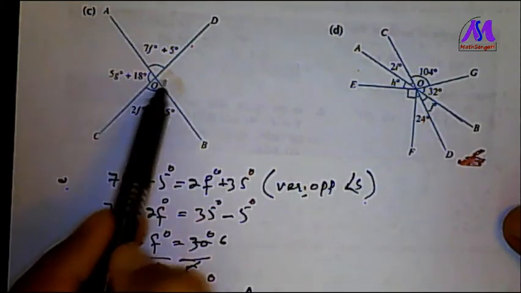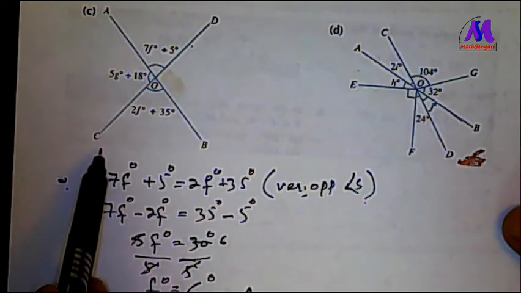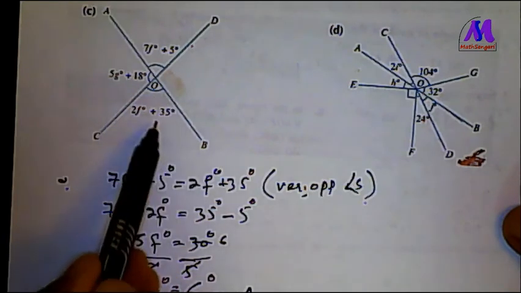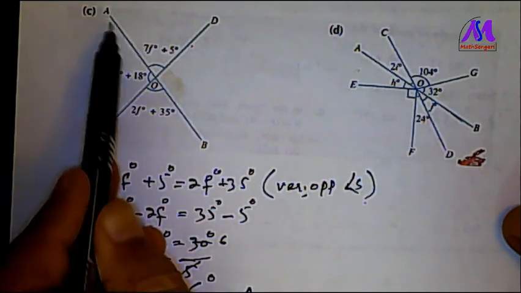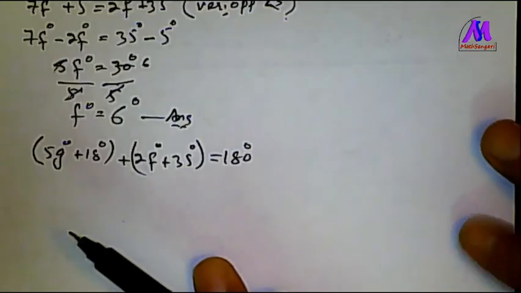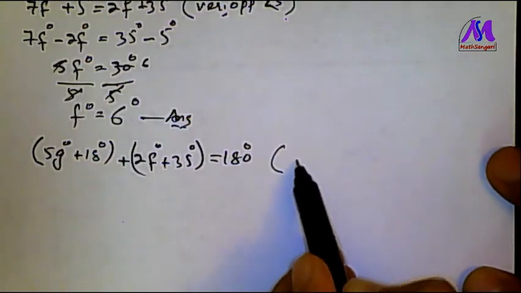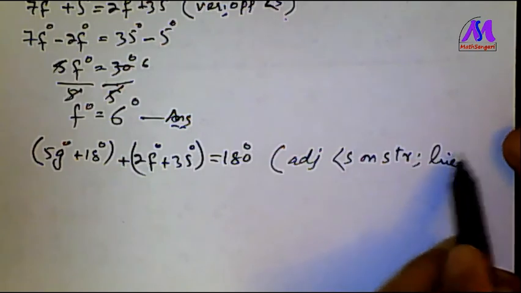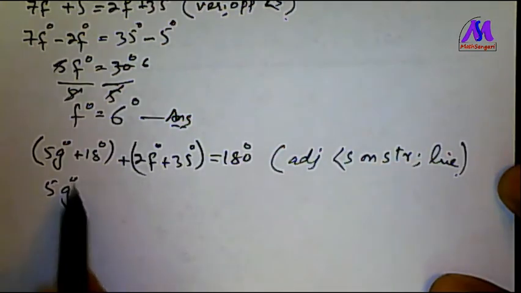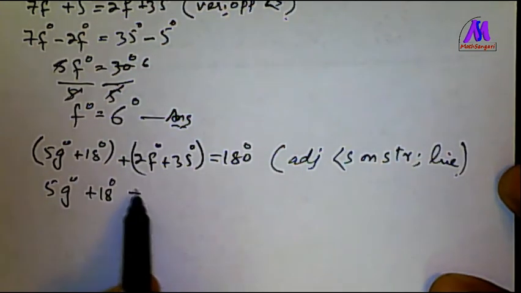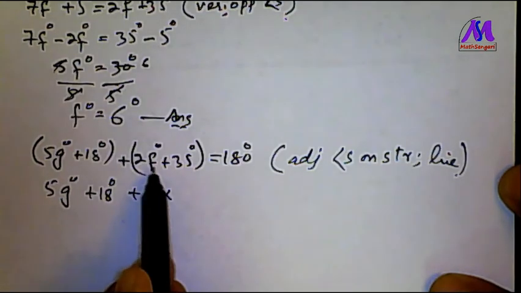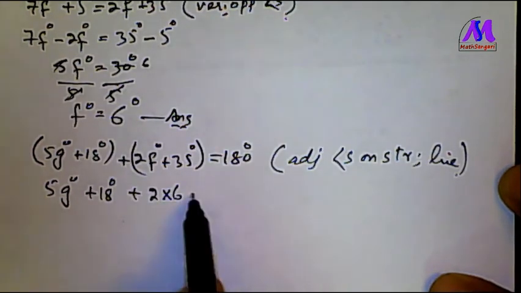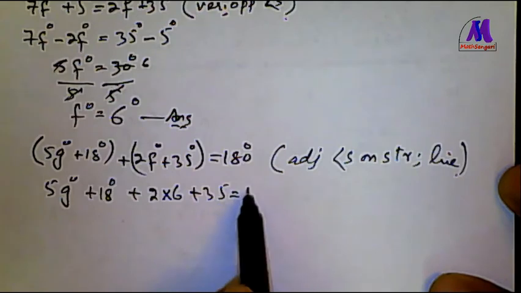Angle AOC and angle COB are adjacent angles on line AB, so it will be equal to 180 degrees, adjacent angles on a straight line. 5g plus 18 degrees plus 2 multiplied by the value of f, 6, plus 35 will be equal to 180 degrees.